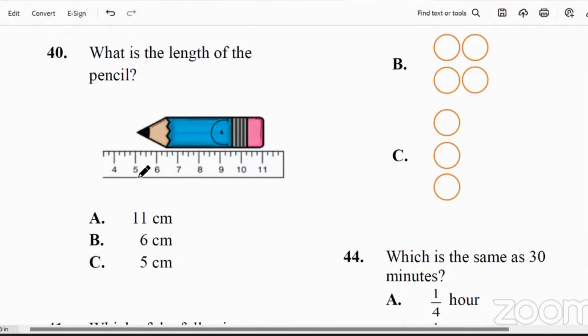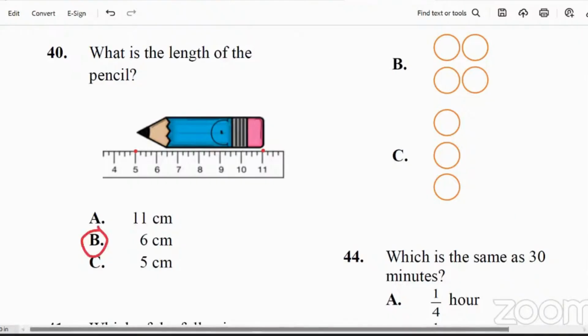All right, so we have 5 here. It starts at 5, it ends at 11. So how many? 1, 2, 3, 4, 5, 6. So this pencil is actually 6 centimeters long, okay? It did not start at 1 or 0, right? It started at 5, and so we have to count the number of centimeters from 5 to 11, and that's 6.